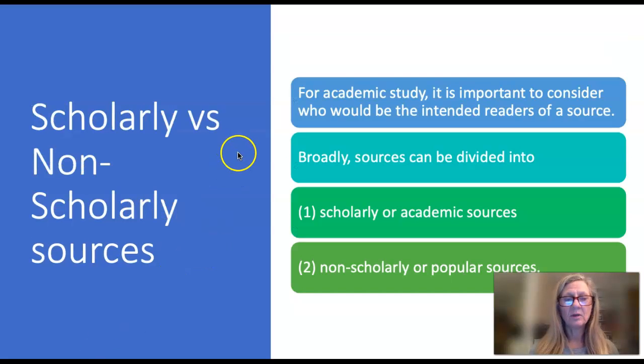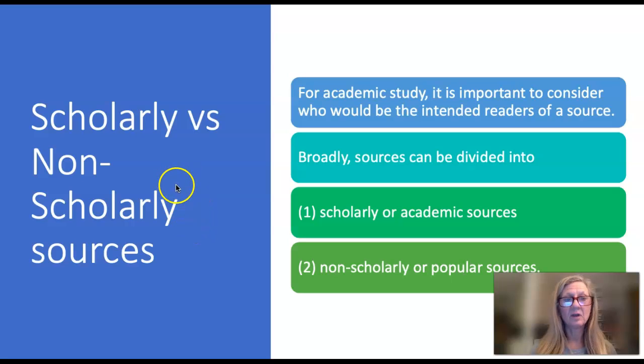The next point we talk about, when we're thinking of sources, is scholarly versus non-scholarly. Scholarly sources are written by academicians, people who are writing high quality research type work. And the non-scholarly sources are more what we think of as popular sources.